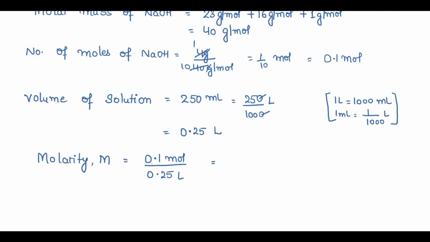So when you will divide 0.1 with 0.25, the answer will be 0.4 mole liter inverse. Now this mole liter inverse is also known as molar. Symbolically, you can write it as 0.4 capital M.